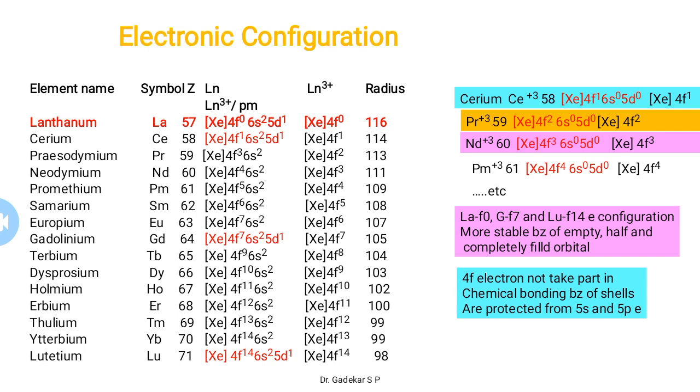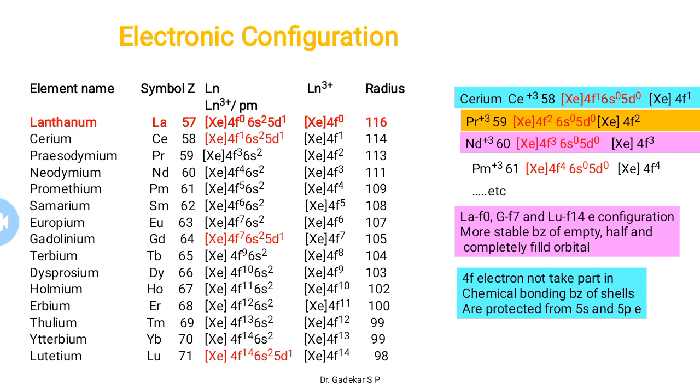This is because they form ionic compounds in the trivalent state. Trivalent state means +3 oxidation state. So the electronic configuration of trivalent lanthanide 3+ ions is as shown here. Cerium 3+ has the electronic configuration 4f1, 6s0 and 5d0.